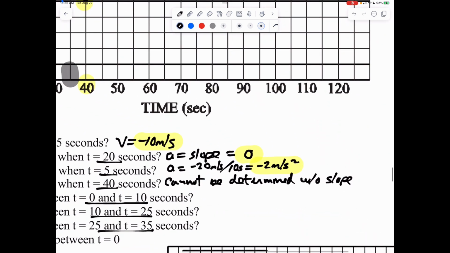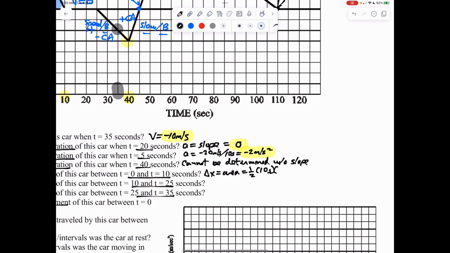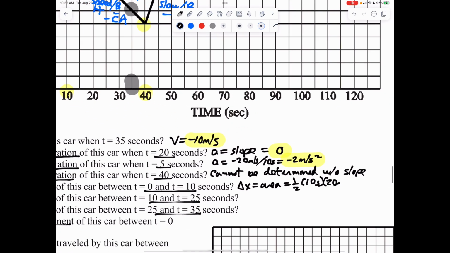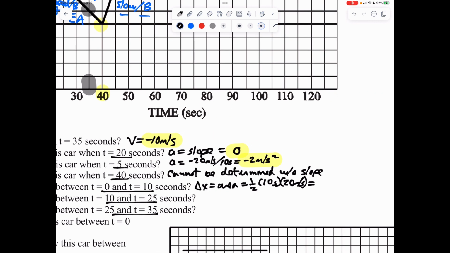So the displacement is going to be the area of that triangle, which is 1/2 times the base, 10 seconds, times the height, which is 20 meters per second. If I go 10 times 20, that's 200. Take half of that, we have 100 meters as our displacement for the first 10 seconds.